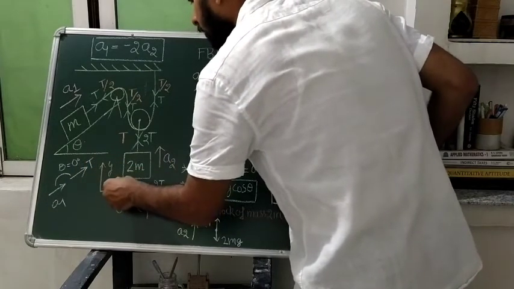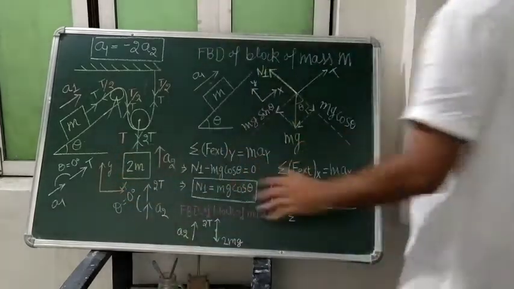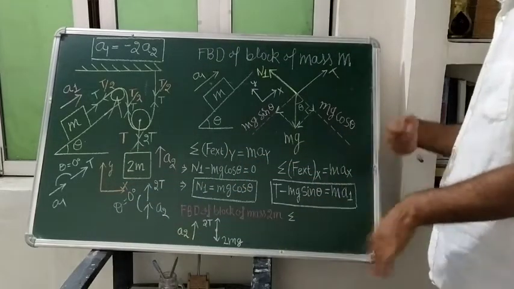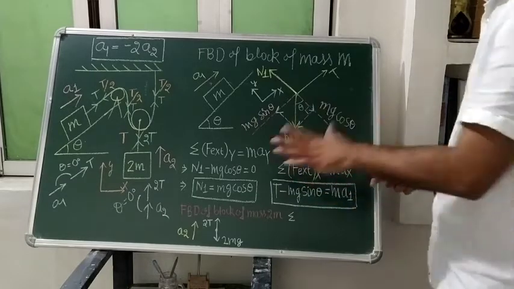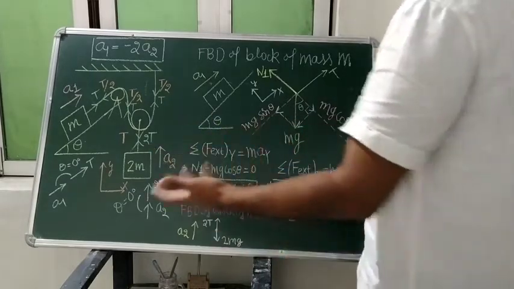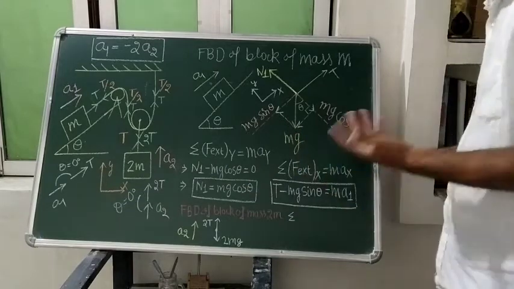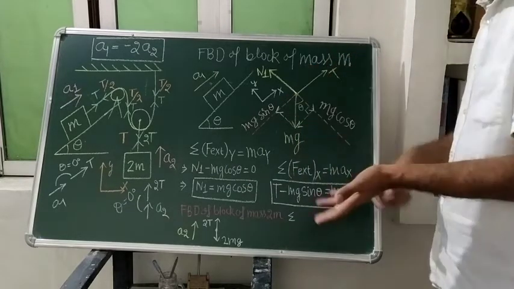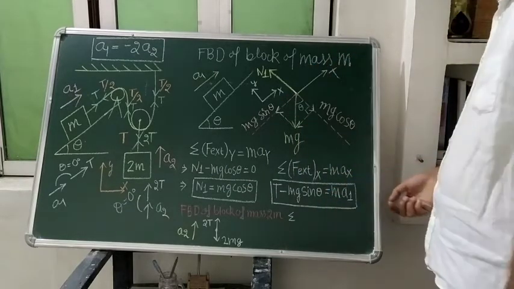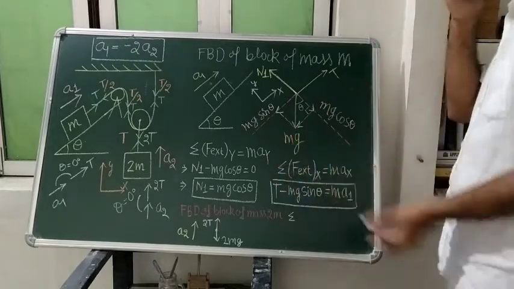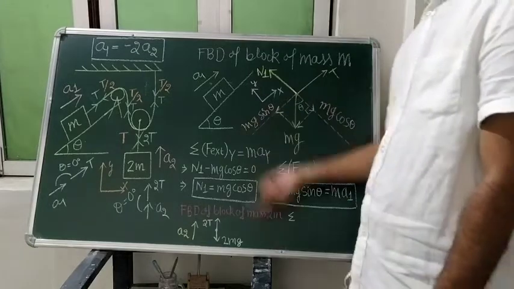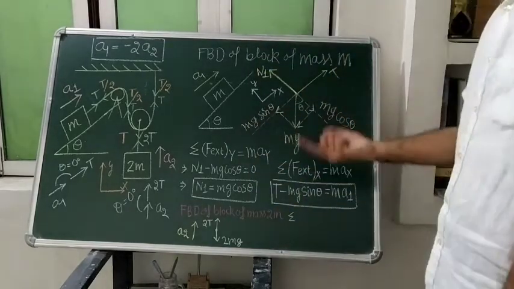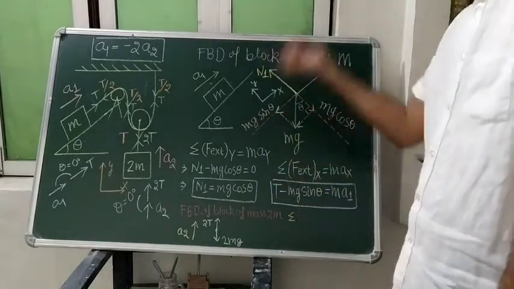In the x direction there is no force as well as no acceleration, so I am ignoring writing Newton's second law in the x direction. Both sides will be 0, so we will ignore it. The forces are present in the y direction only, and it is also accelerating.